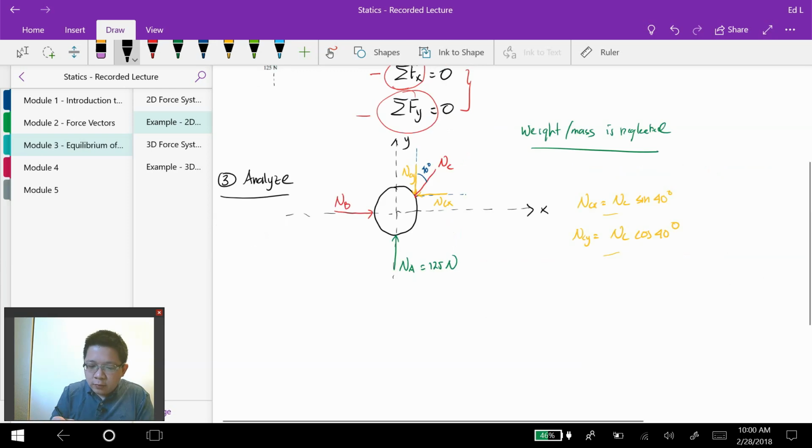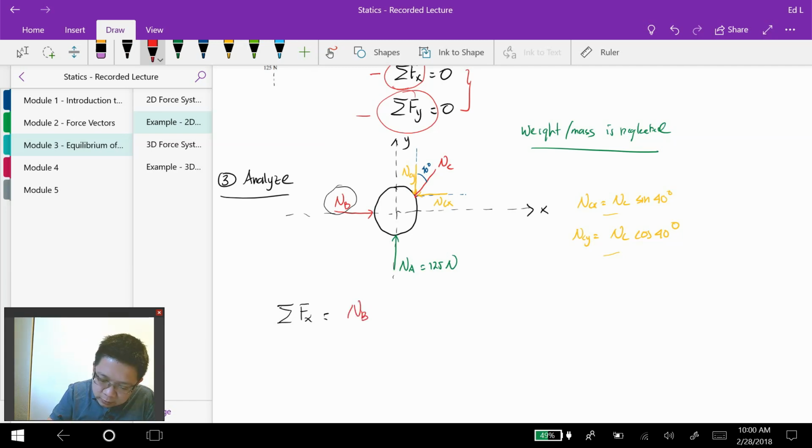Okay, so when I write the equation, sum of the forces in the X, NB is in the X direction, and then NA is in the Y direction, so it doesn't contribute to the sum of the forces in the X direction. Okay, so the next force that contributes is the X component of NC.